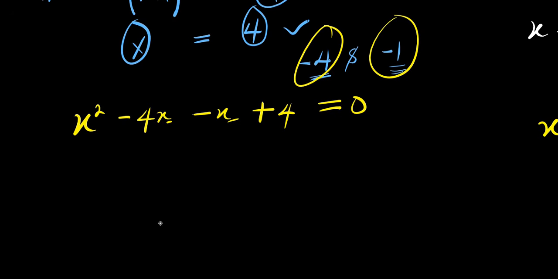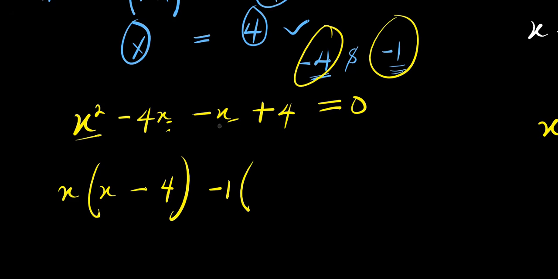Now, we can simply factor out x here because there's x and x here. Then we divide this by x, we have x, and minus 4x divided by x, we have 4. Here we can factor out -1. Then -x divided by -1, we have x here. Then this divided by this, we have -4 again, equals 0.